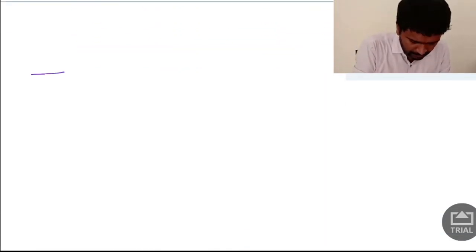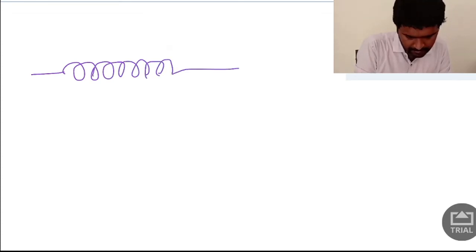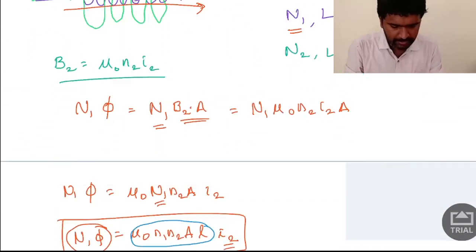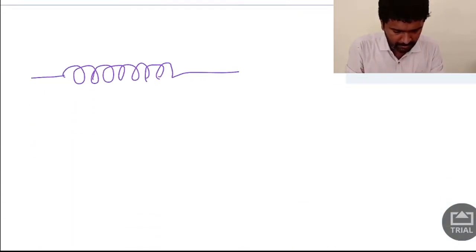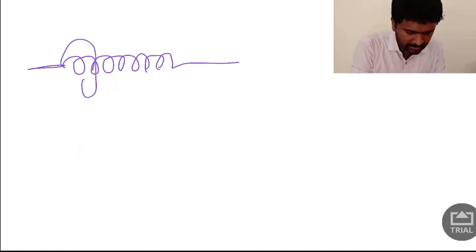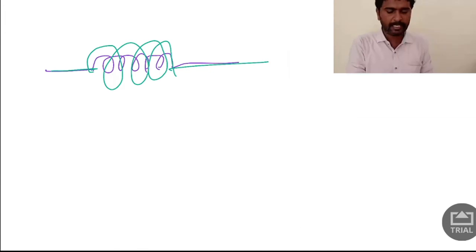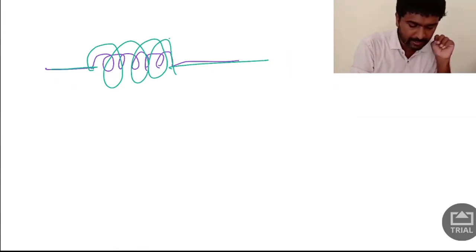Let us take the primary coil, the first coil, like this, and the second coil is this. The axial lines of both coils are matching. That green one is the second coil, and the blue one is, let us say, the first coil.